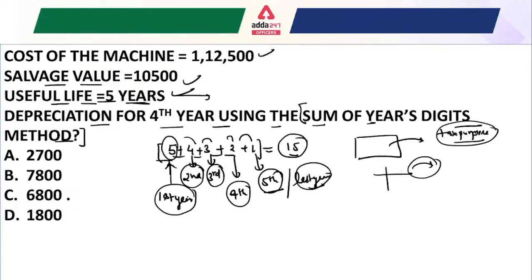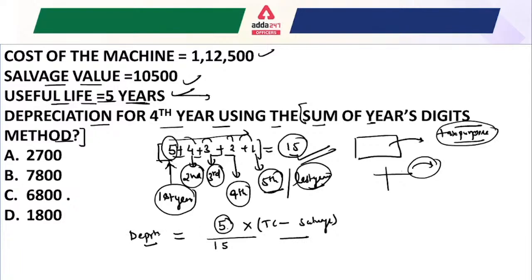One more thing to understand: it is the number of useful life years remaining. For the first year, the remaining useful life is 5, so write 5 here, divided by 15, which is the summation of all the years' digits. So that is 5 by 15 into the total cost of the machine minus salvage value, or residual value. This is how you calculate the depreciation for the first year.